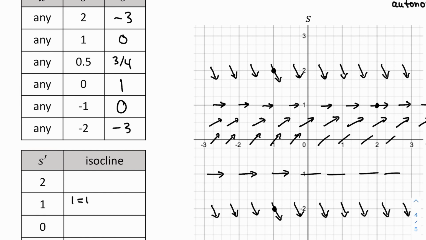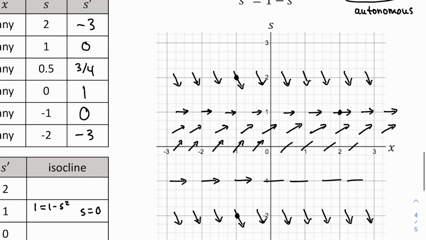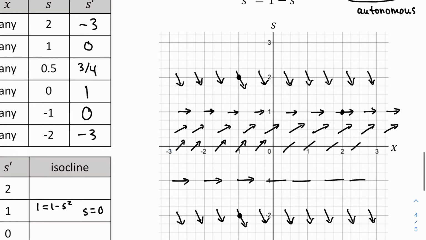So we have 1 equals 1 minus s squared, and then we solve for s. So we get s squared is equal to 0, so s is equal to 0. So s equals 0 is the horizontal line at which s prime will always be 1. And we've already sort of determined that. That line right there, s equal to 0. All the s primes will be 1.